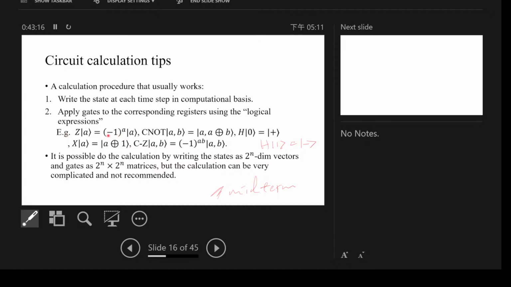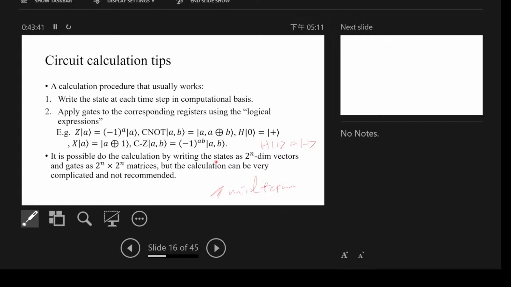Z on a is just -1 to the a, and CNOT on ab, which we have seen a lot, equals a and a plus b. And X on a is a plus 1. So this is just like in CNOT, 1 plus 1 just means you flip a. And CZ on ab equals -1 to the ab, and b.